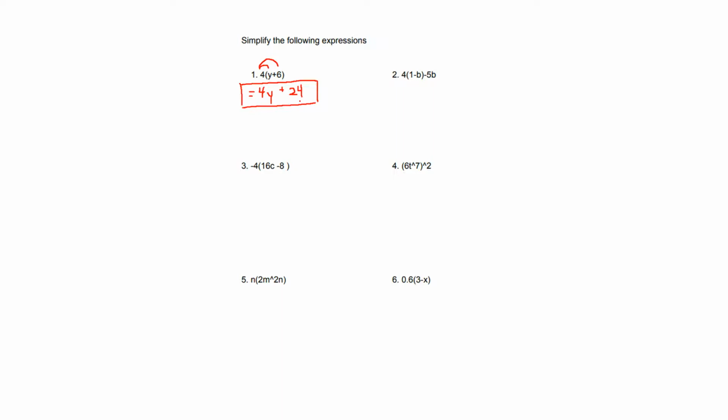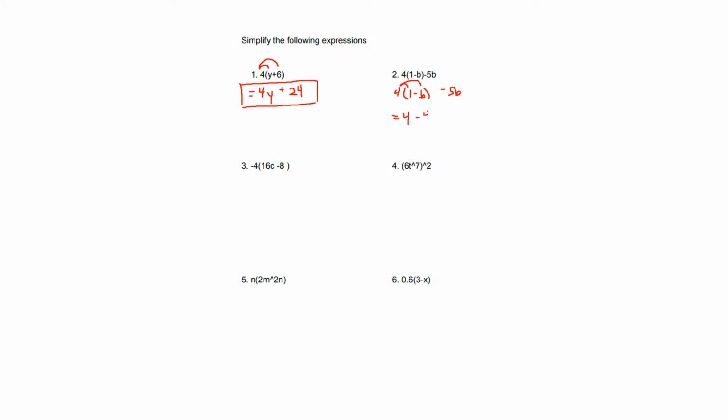Number 2 is 4 times 1 minus b minus 5b. So to simplify this, first you should distribute. If you distribute, you multiply the 4 with the 1. That's 4. Then you multiply the 4 to the negative b.